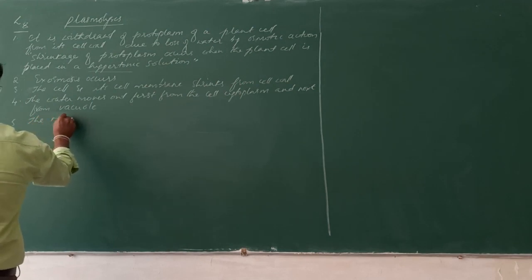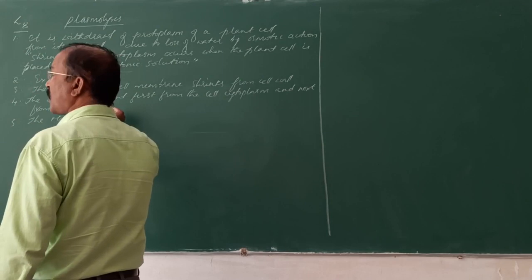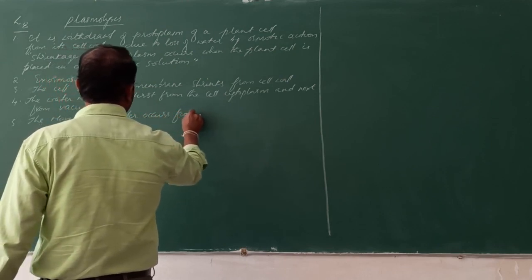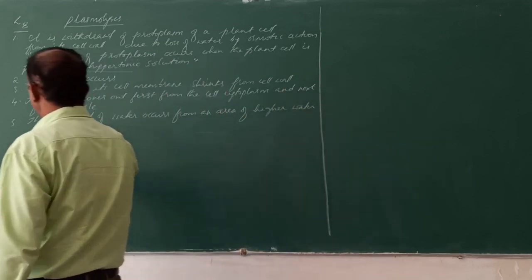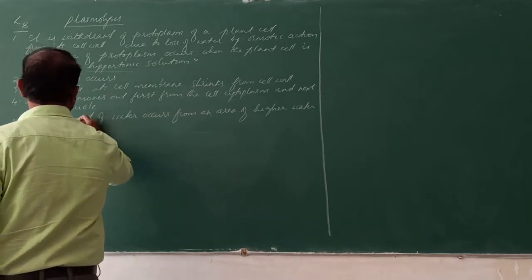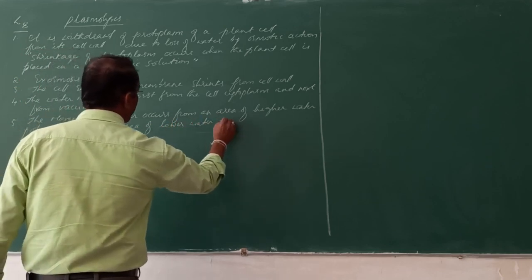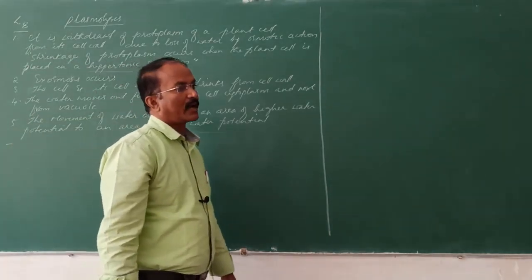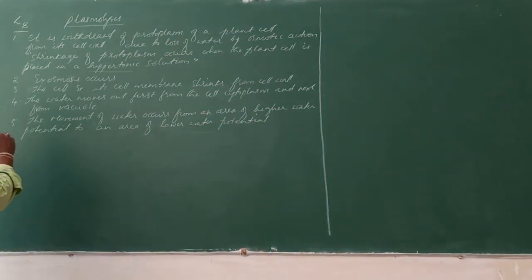The movement of water occurs from an area of higher water potential to an area of lower water potential, or from higher water concentration to low water concentration. Understand? So that is plasmolysis.